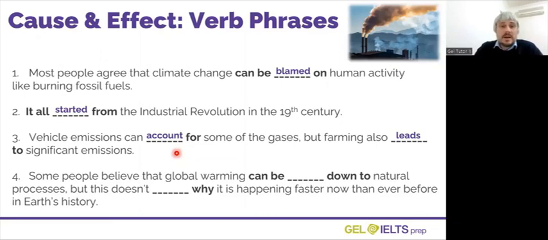The correct options here are "can be put down to," introducing the cause of global warming, but "this doesn't explain why," introducing the result.